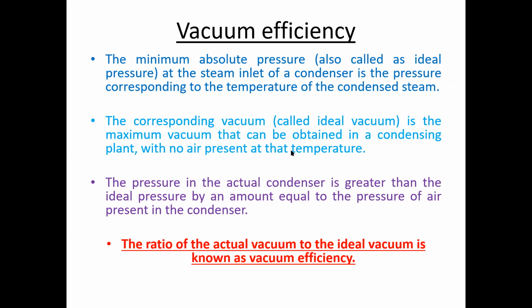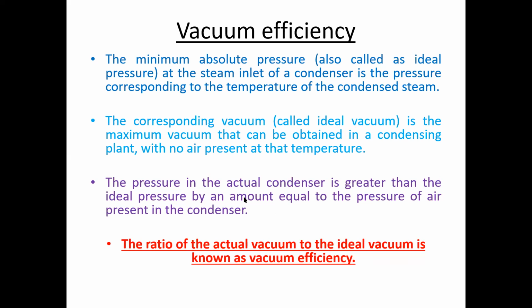But we know that losses are always there, and as air is there, ideal conditions are very difficult to achieve. The ideal vacuum is that when no air is present in the condensing plant. The pressure in the actual condenser is greater than the ideal pressure by an amount equal to the pressure of the air present in the condenser.